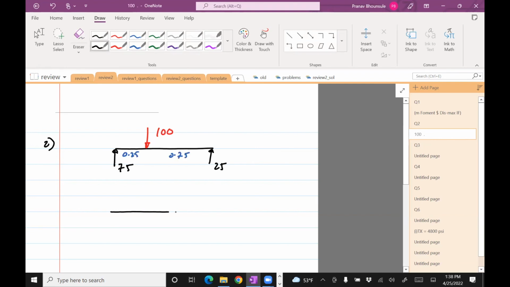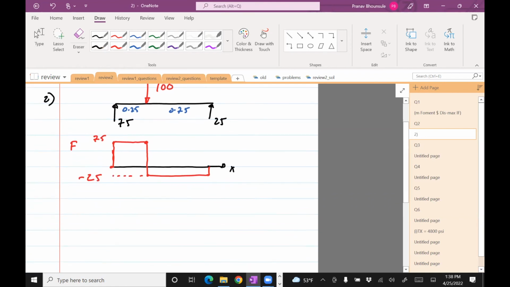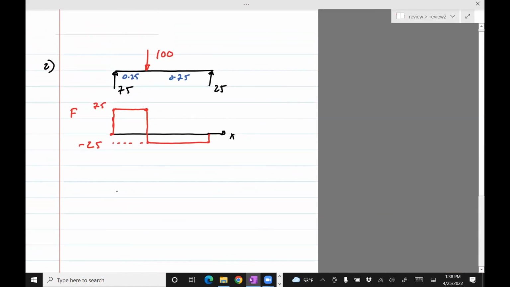Let's get started with the shear force diagram. 75 over here, so we go up 75. Then it keeps going. Here we'll have 100 newtons going downwards, so 75 minus 100 will be minus 25. So we go down to minus 25 and keep going. When we reach the other edge, we go 25 up. So this is the shear force diagram, with 75 and minus 25. Okay, let's draw the bending moment diagram.